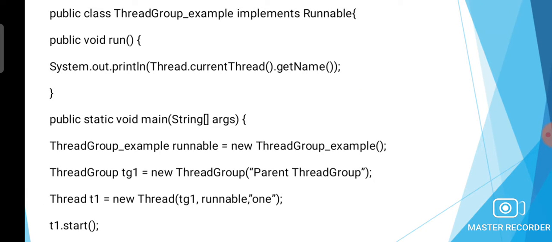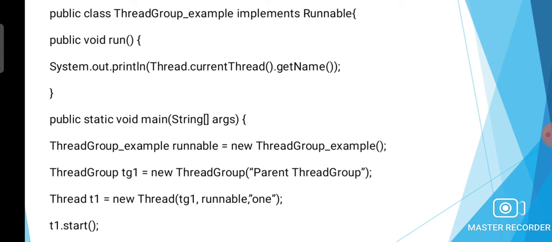The thread group object can be created from the built-in class ThreadGroup. So we are creating the object with the name tg1 equal to new ThreadGroup("parent thread group"). We are declaring one thread group as the parent thread group, and the object name is tg1.